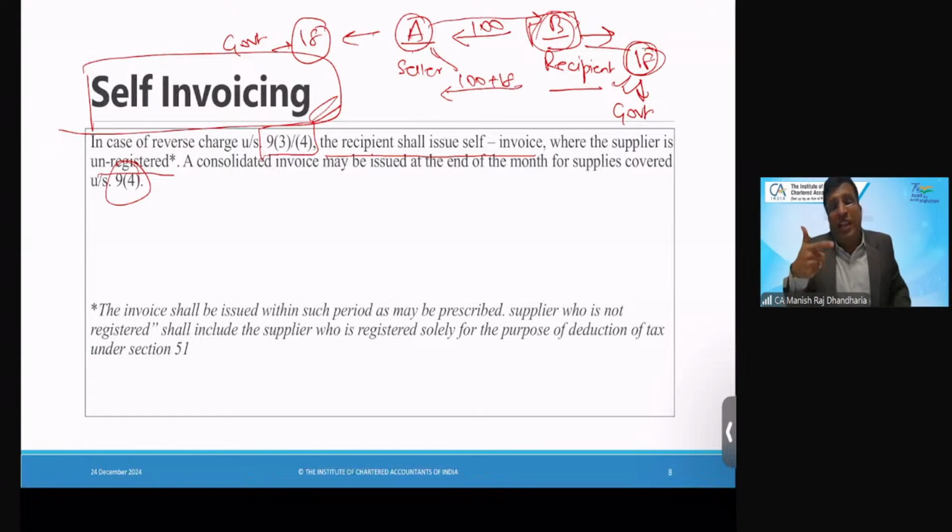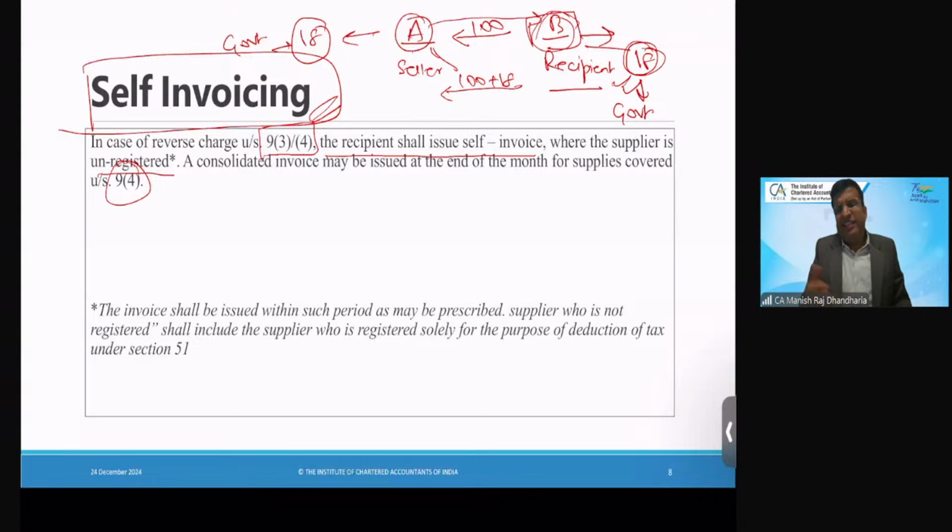If RCM is only applicable for a registered person, then an unregistered person does not have to pay RCM. And if it is compulsory RCM, then the unregistered person has to take registration to pay this RCM. Hope this point is clear.